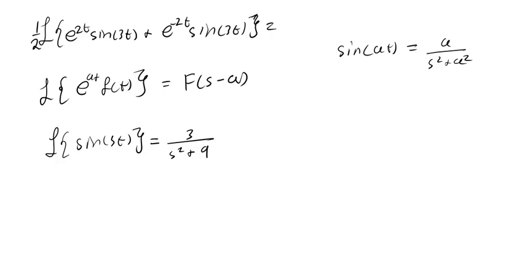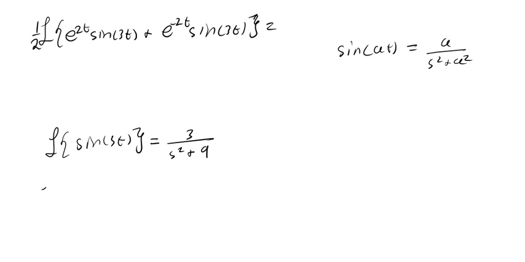So keep in mind we now have this part, and that's where we introduce what? The frequency shifting. It simply means when we say the Laplace transform of, here we say e to the minus 2t, for example, we add our sine 3t here, then plus again.